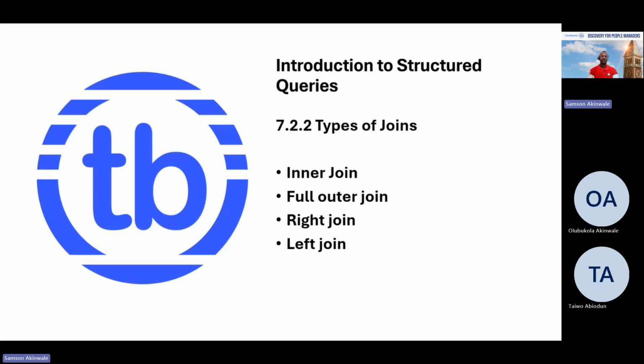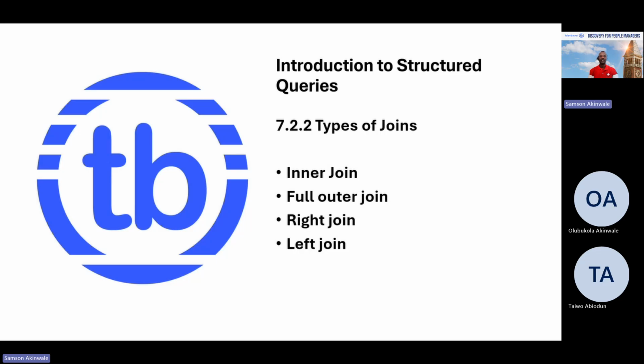So the inner join is more like the direct way of establishing the common areas between the two tables from where you want to pull data out from. So it's more like in simple mathematics when we are trying to deal with set theory, and you have an entity A and you have entity B. Entity A and B, they both have different elements inside of them.